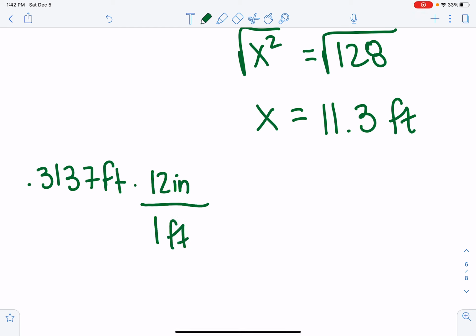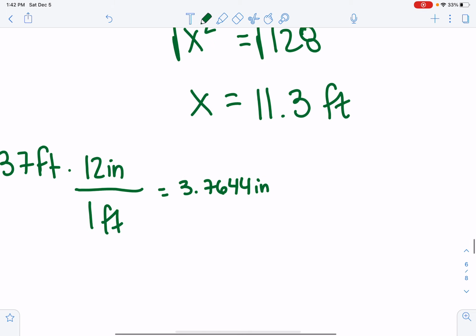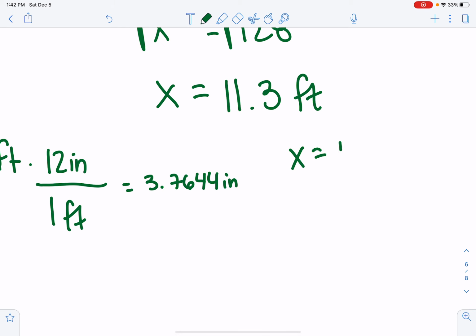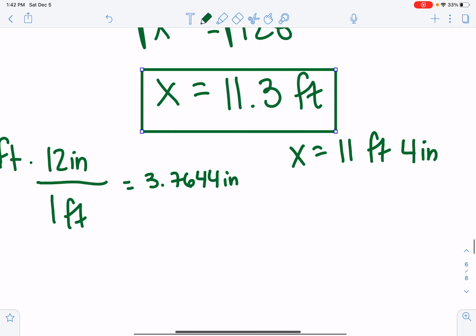So 0.3137 times 12 is 3.7644 inches. So basically 11 feet and 4 inches up the house, or 11.3 feet.